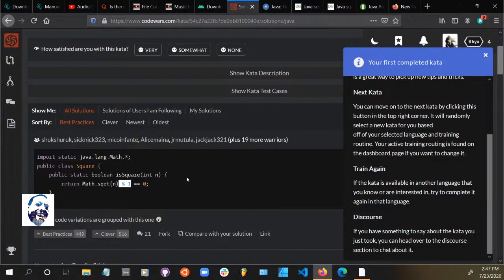That's clever though. That's pretty clever. They're saying if there's anything left, in other words, if it's not a perfect integer, it's not equal to 0, then scratch it. If it is, then yeah.